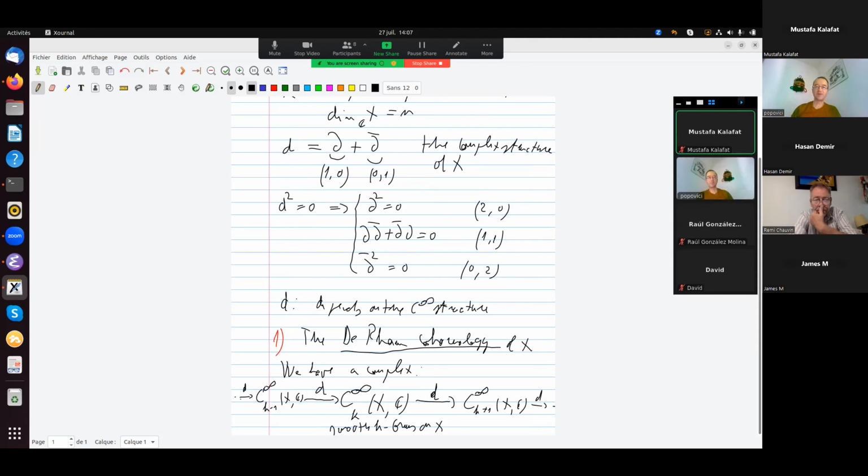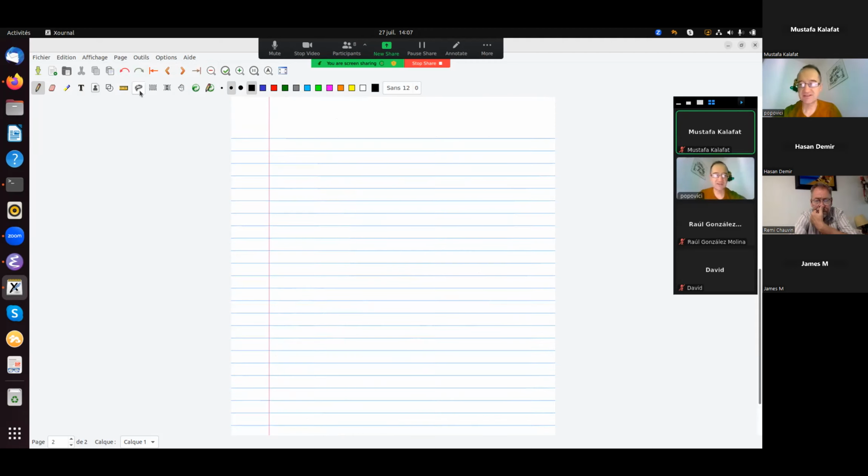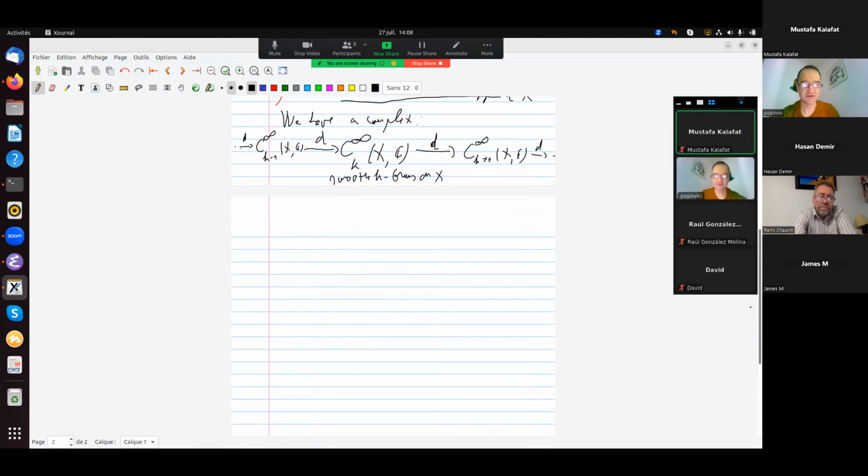And so on. And the complex means that the image of any map is contained in the kernel of the next one, which is equivalent to saying that d squared equals 0. So this is exactly what we have, because d squared equals 0. So the image of d acting in degree k minus 1 is contained in the kernel of the next d.